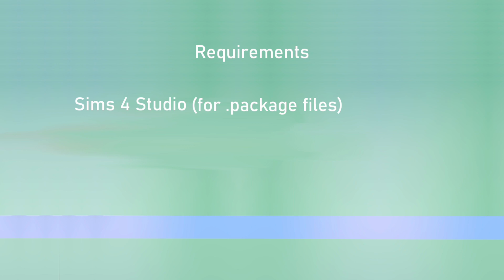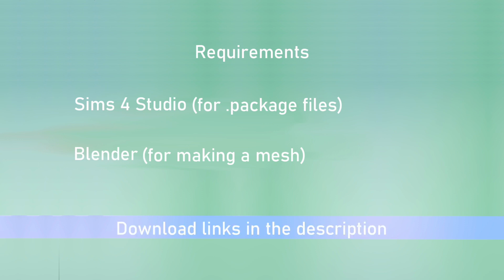Second, and the most relevant for this tutorial, is Blender. Blender is the software that will allow you to create 3D meshes. Download links for all these programs, as always, will be in the description below.